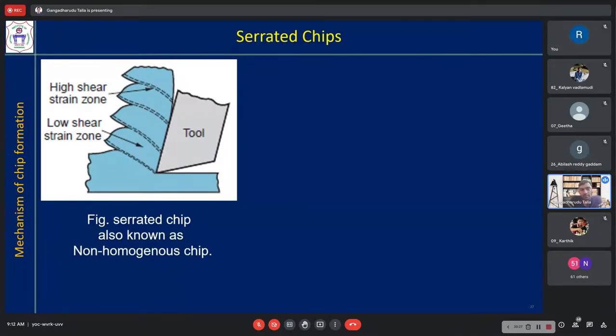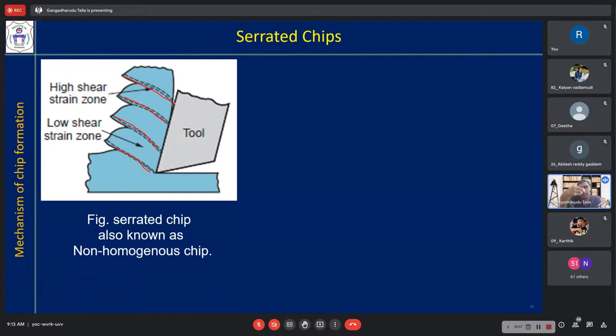Here there is shearing taking place within the chip, but the chip is not completely breaking. Only some dislocation of the chip has been done, but it is not completely falling off. It is not completely breaking.